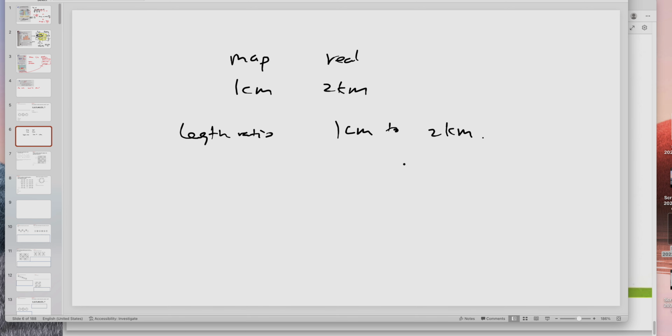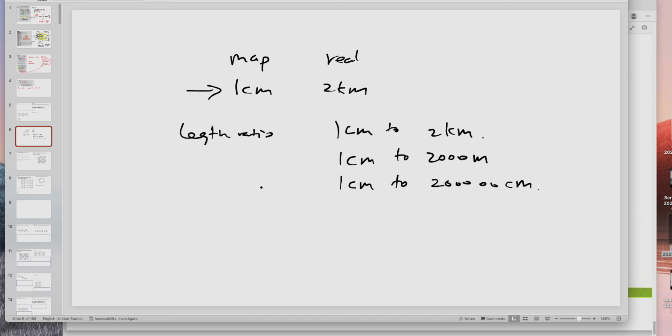Generally, you can get it into 1 cm to 2 kilometer, or 1 cm to 2000 meter, or into the same unit, which is 200,000 cm. So generally the question will be given in this manner, and usually you can get it into these three ratios.